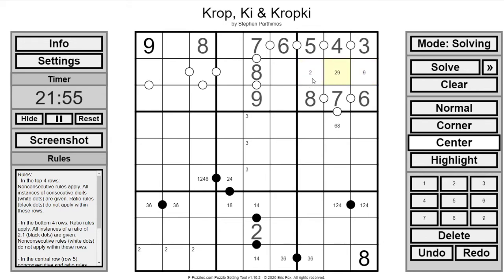And it can't go there because it would force the 2 next to it. So this is 1, which means this can no longer be 2. So now this can't be 1. So this is either 1, 2, or 2, 4.